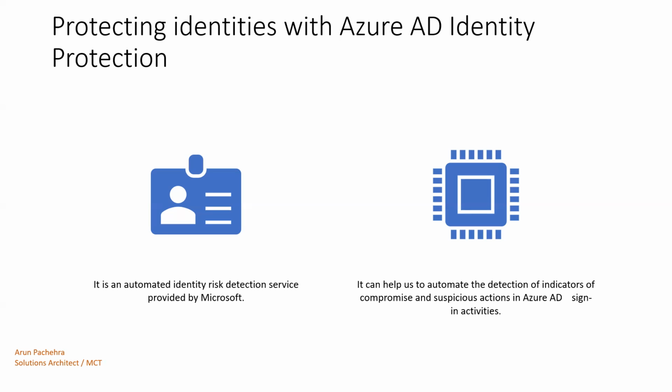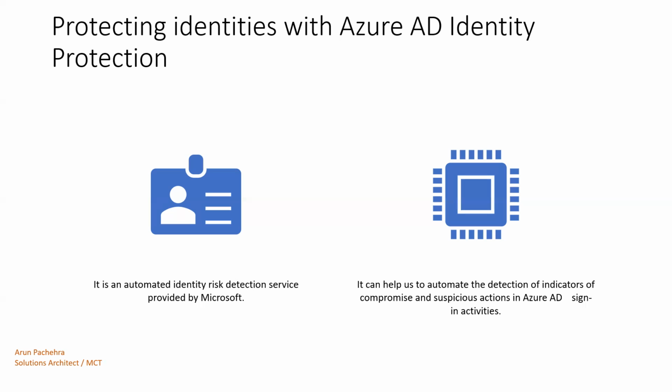We can even export the detections to third-party systems for further analysis, and we can configure policies to react to risks that are detected. So it's not only detecting, you can have actions or investigation analysis taking place as well. As I said, it is an advanced feature. So yes, an Azure AD Premium P2 license is needed to utilize this feature.